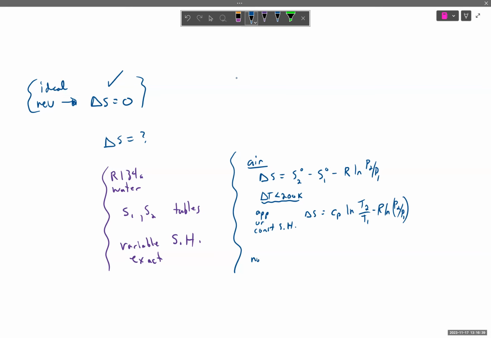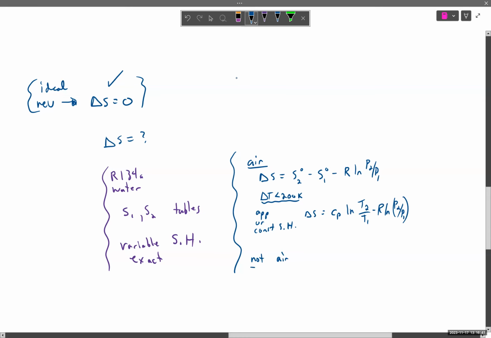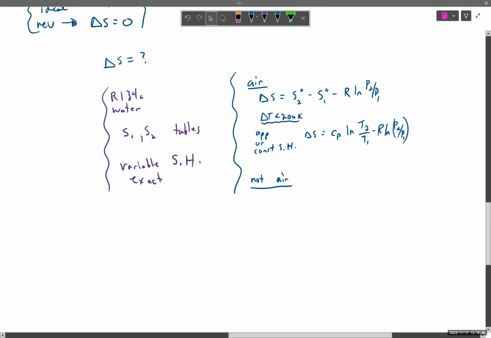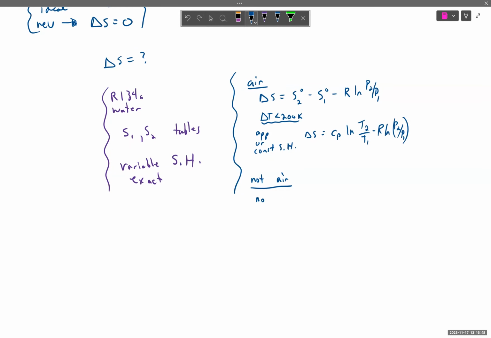If it's not air, you panic a little bit. You hope that it's a noble gas. If it's a noble gas, then you know constant specific heat is pretty much equal to variable specific heat. Therefore, it works really well to use that equation above.